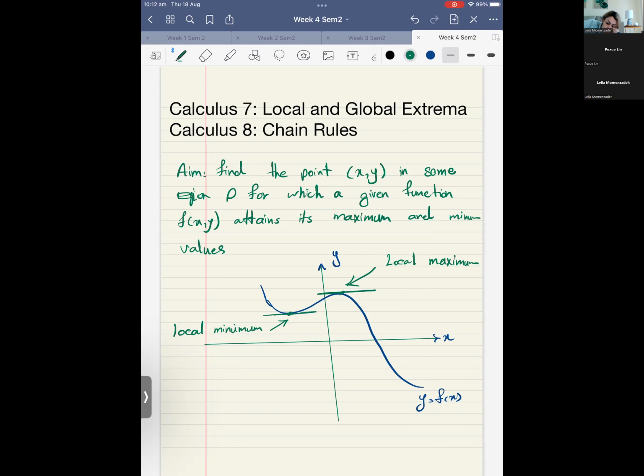It means you find a critical point when f prime of x is equal to 0.